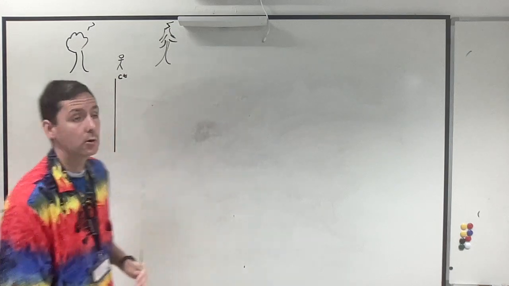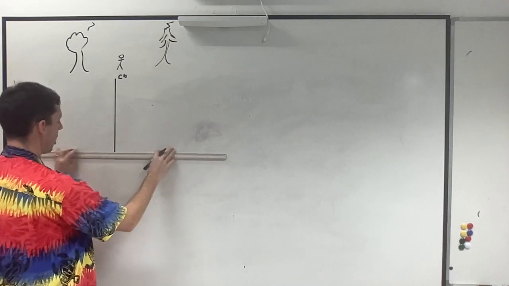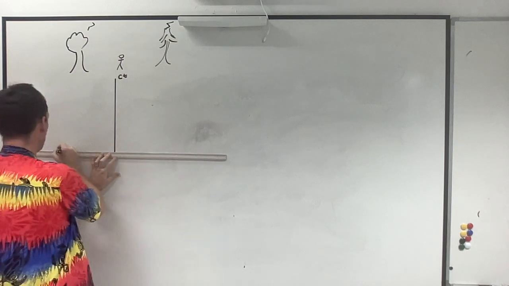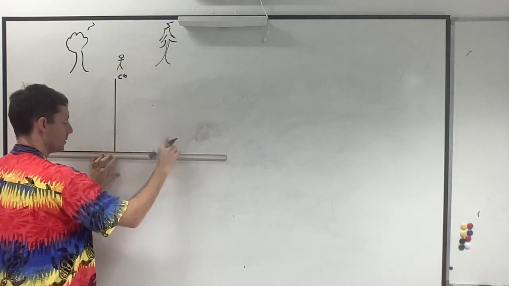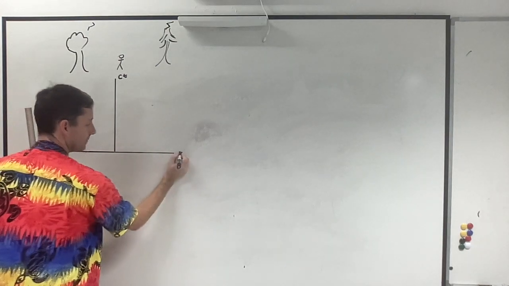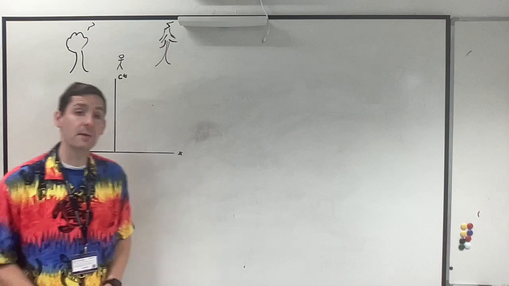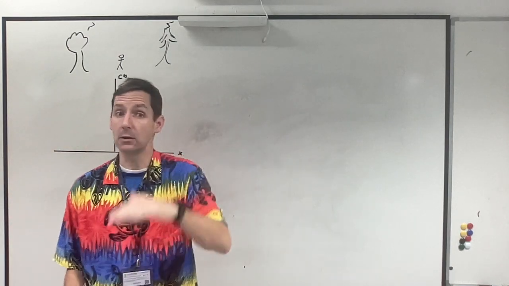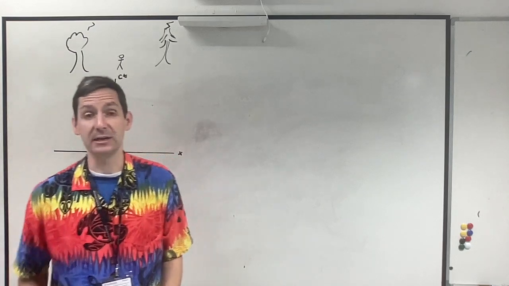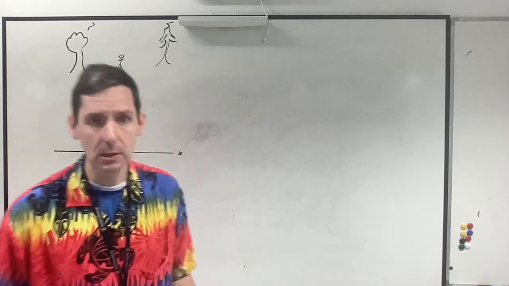Now, we're going to create our x-axis here. The x-axis represents position. Now, remember, all of the examples that we're using are going to be basically one-dimensional in nature. We're not going to have any 2- or 3-dimensional problems here.